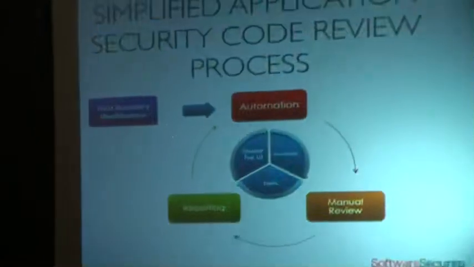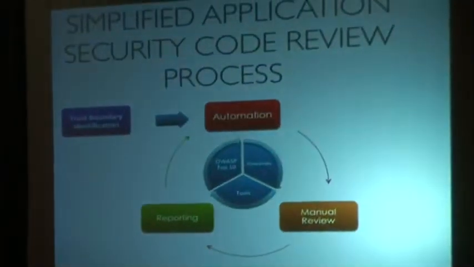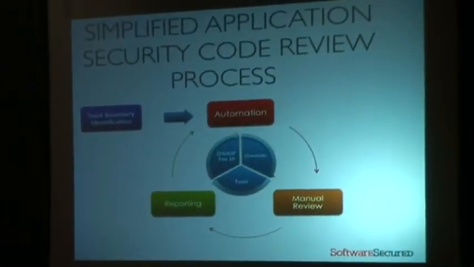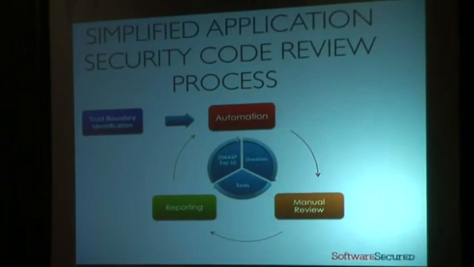So that was the simplified application security code review process: identifying trust boundaries, just to understand what is the code that we actually need to look at, automation to cover everything else, manual review for the important security sensitive places in the code, and reporting so that all these steps make sense.